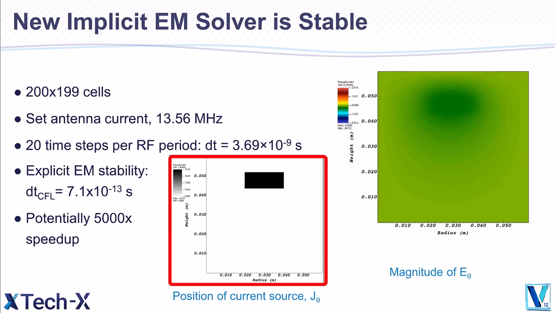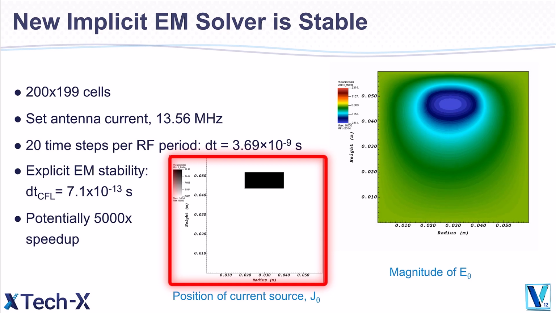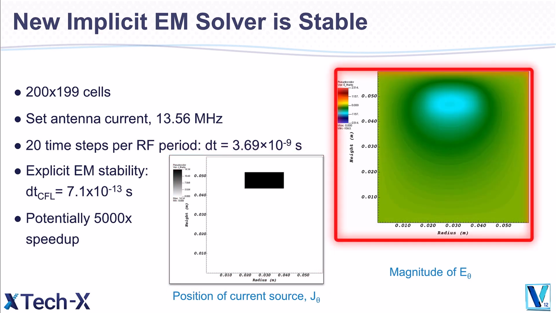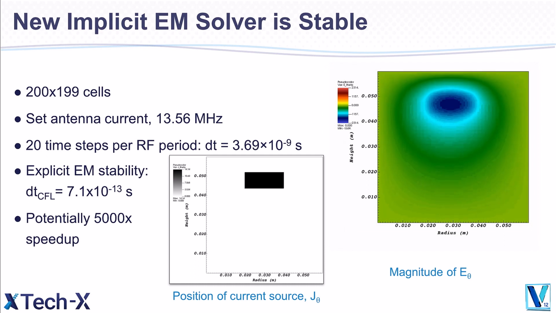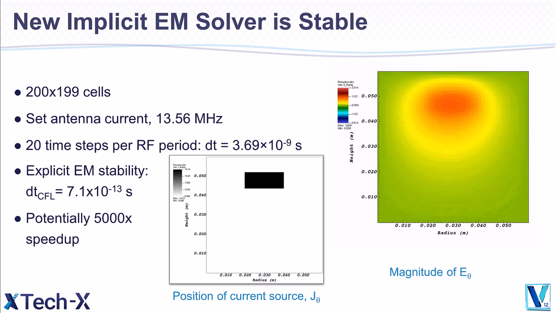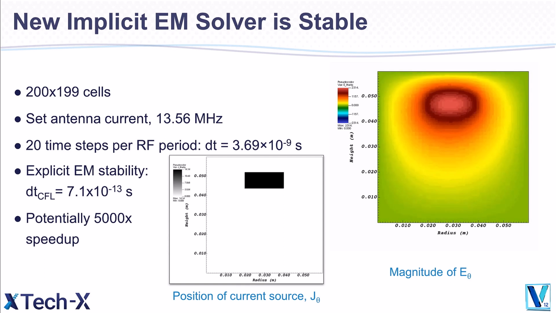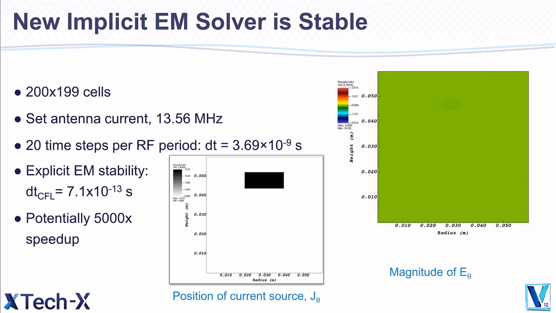The current is set in this box here, which corresponds to here, and we see that the EM solver is stable. If we wanted to do an explicit EM solve over the same time scale, we would need to take approximately 5,000 more time steps. So this means that we potentially have up to a 5,000 times speed up using our new implicit solve.